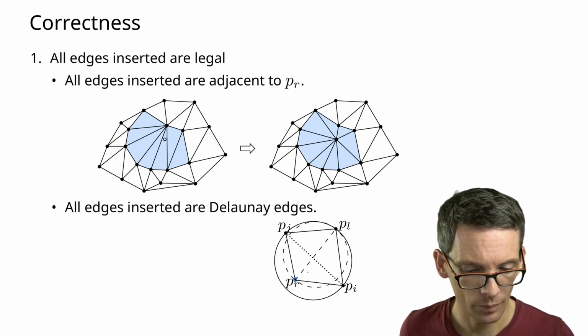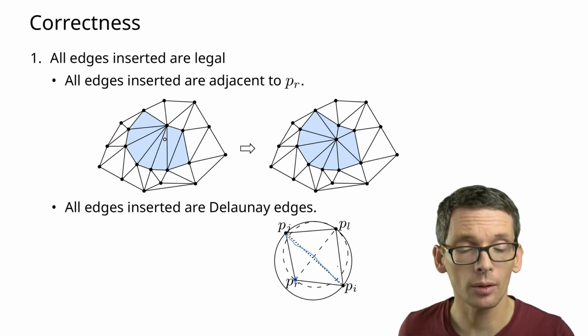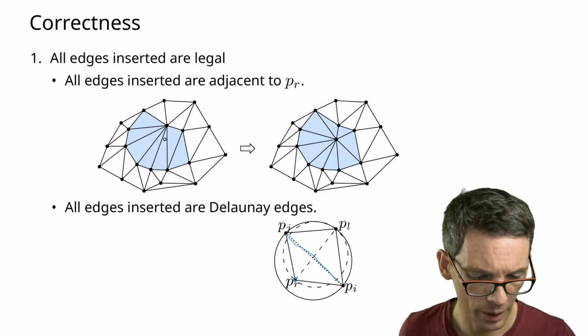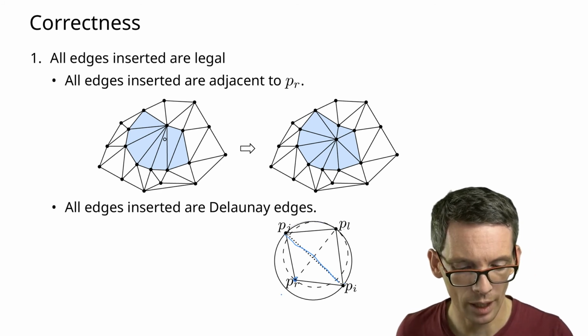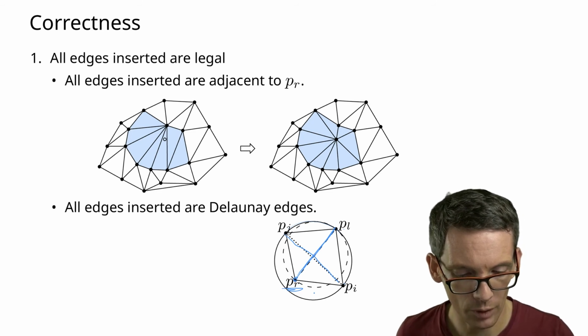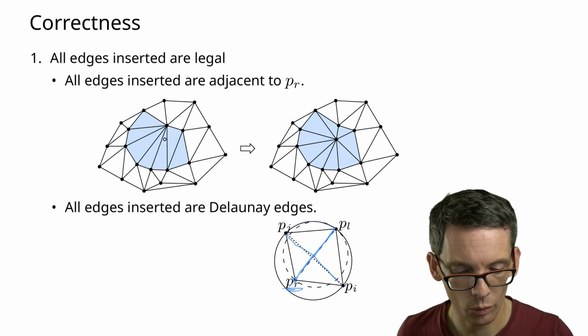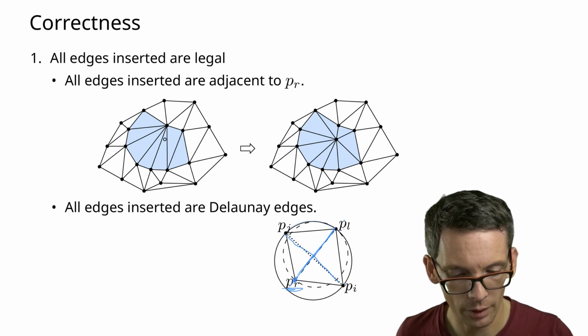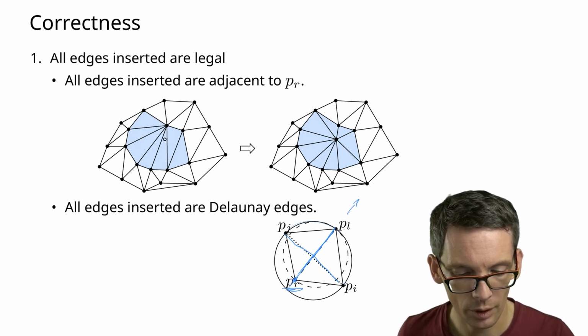Previously I had this edge here, and the circumcircle of PJ, PL and PI previously was empty, but now PR, my new point, was added. Can I find an empty circle for this edge? That is indeed the case. I can start from this circumcircle of the three old points and shrink it inside in the direction of PL until it includes PR.